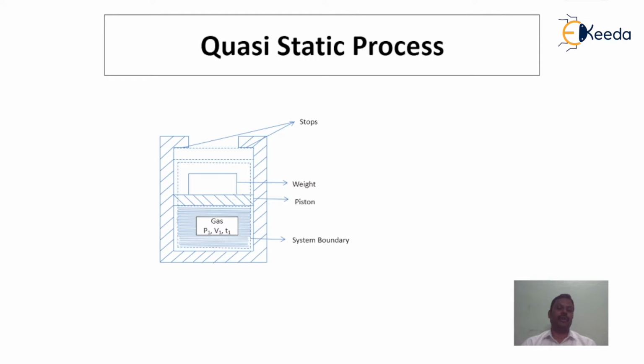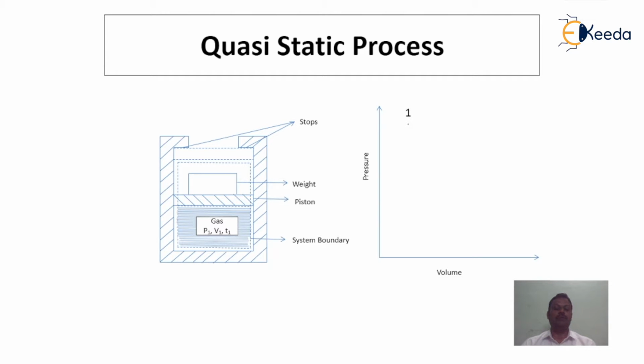The pressure exerted by the gas is balanced by the weight which is placed on the other side of the piston, and when the properties pressure and volume are plotted on the graph at state point 1, it is in thermodynamic equilibrium with properties of pressure P1, volume V1, and temperature T1.